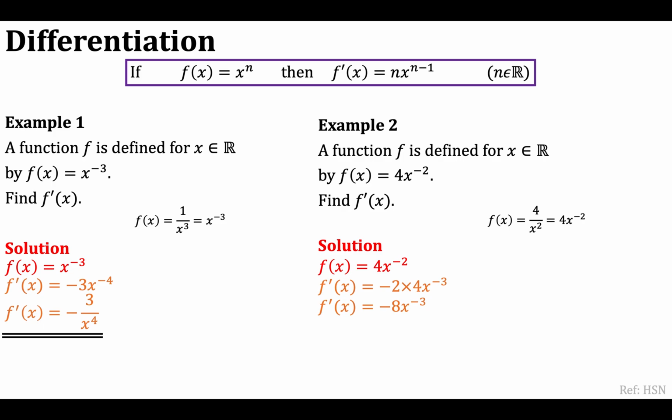And ensuring that we express that with positive indices, that will give us negative 8 over x cubed. And that is our final answer there as well. So before the third example, because the slide will change here, I would pause the video just now and copy these two down in your notes.